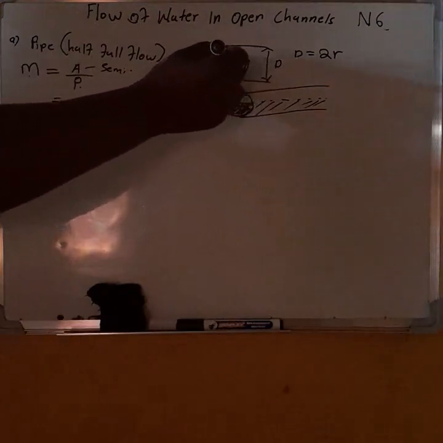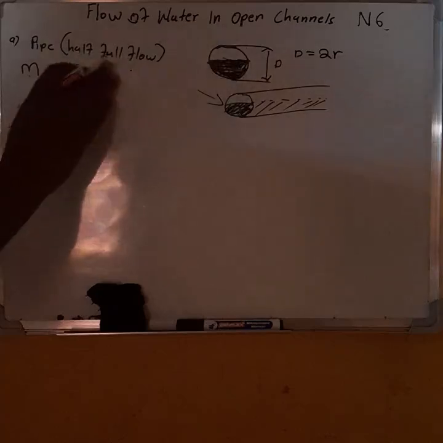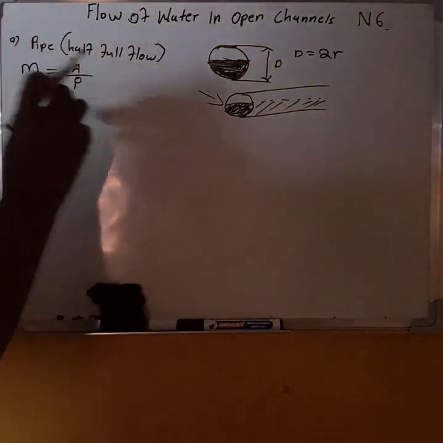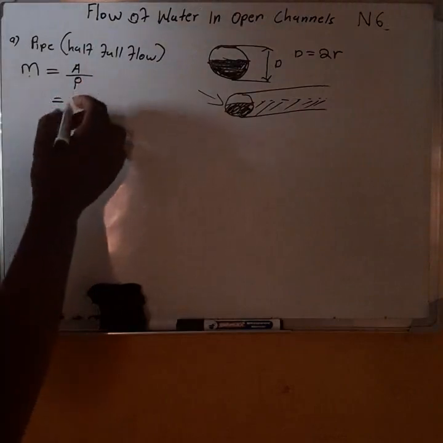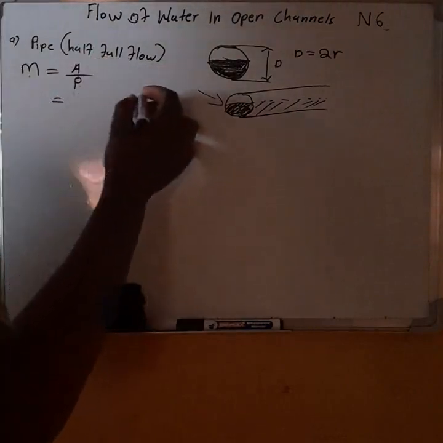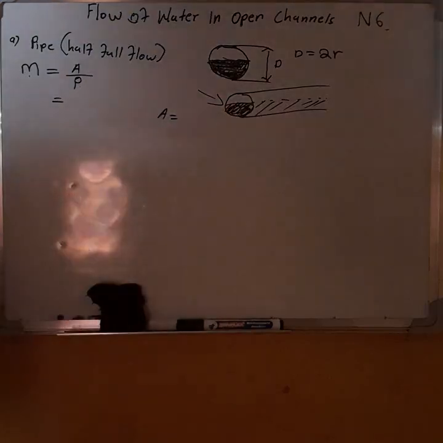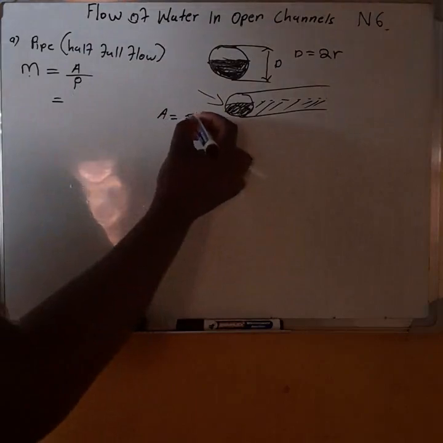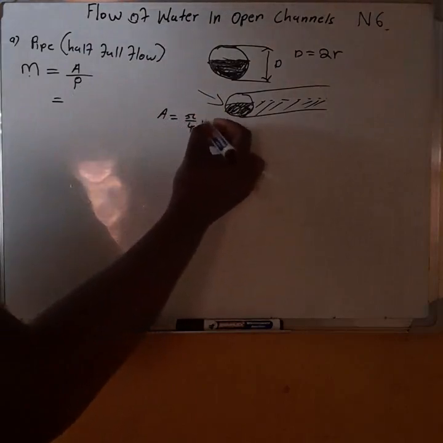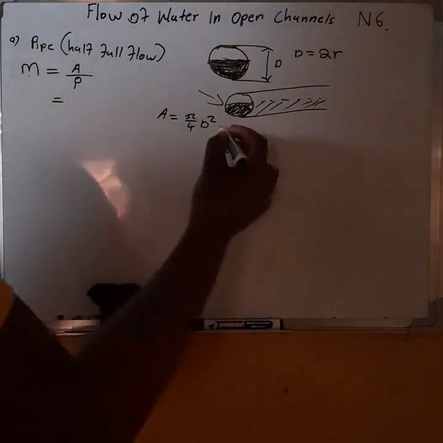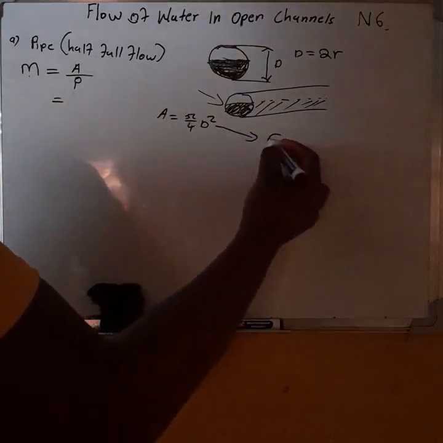Okay, let me just write the formula here. Remember how to calculate the area of a circle. We know that it's pi over 4 d squared, right? But this is the full one.